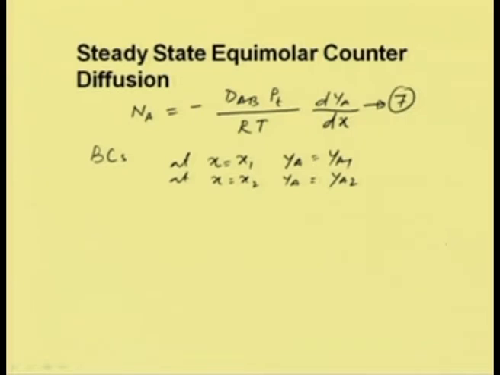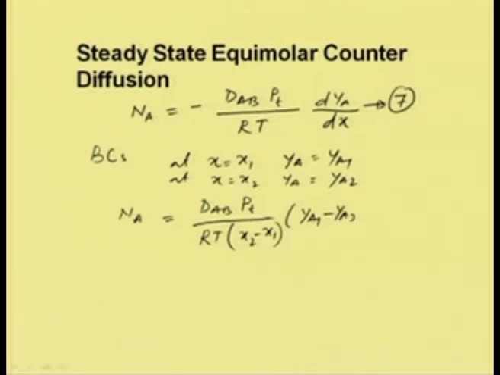So, using these boundary conditions, we can write the flux as dAB Pt by RT (x2 minus x1) into (yA1 minus yA2), and hence we can write dAB by RT (x2 minus x1).